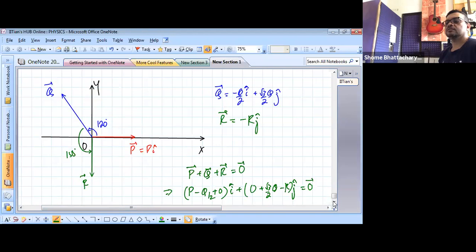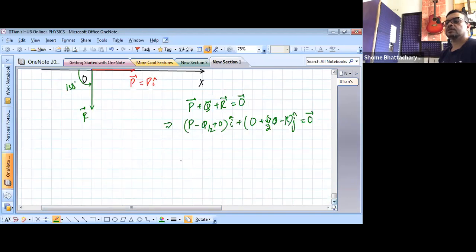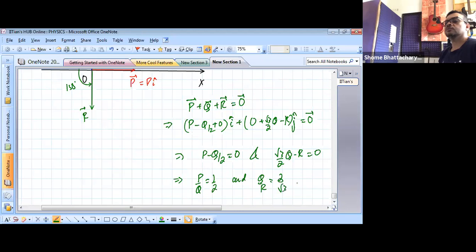So that in turn just tells you that P minus Q by 2 is 0 and root 3 by 2 Q minus R is 0. So this again gives you the same condition.